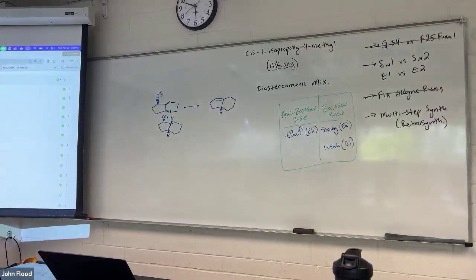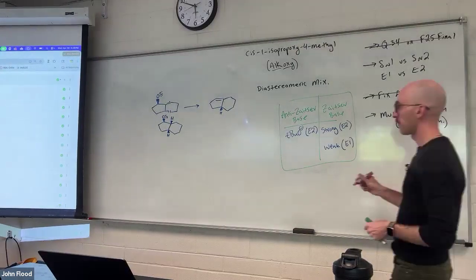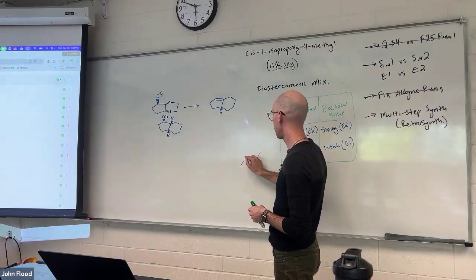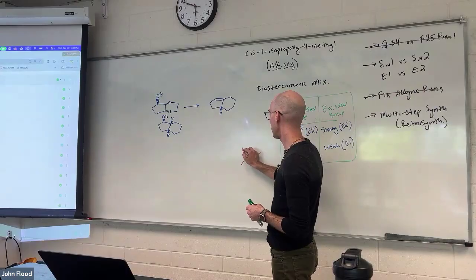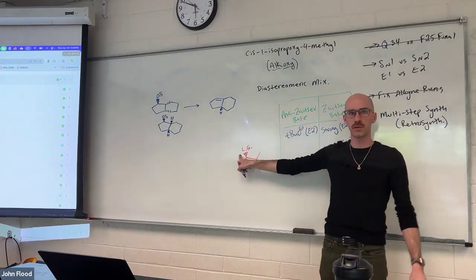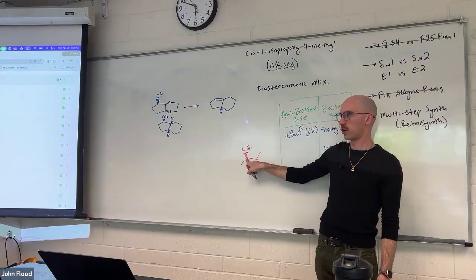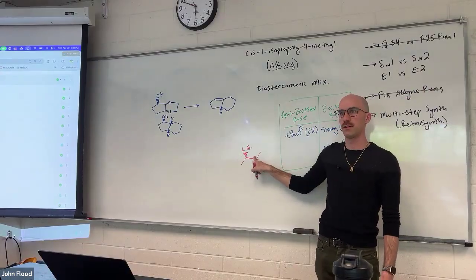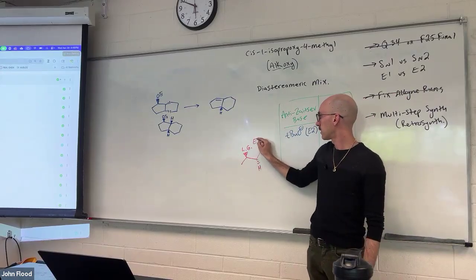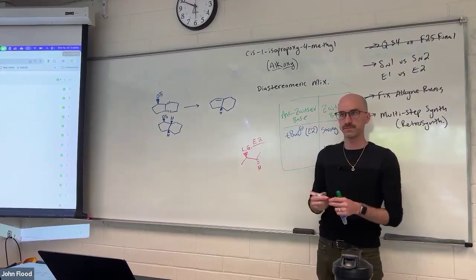E2 requires that wherever the leaving group is, the beta hydrogen be antiplanar to it. Leaving group, alpha carbon, beta hydrogen has to be anti in order to be E2.